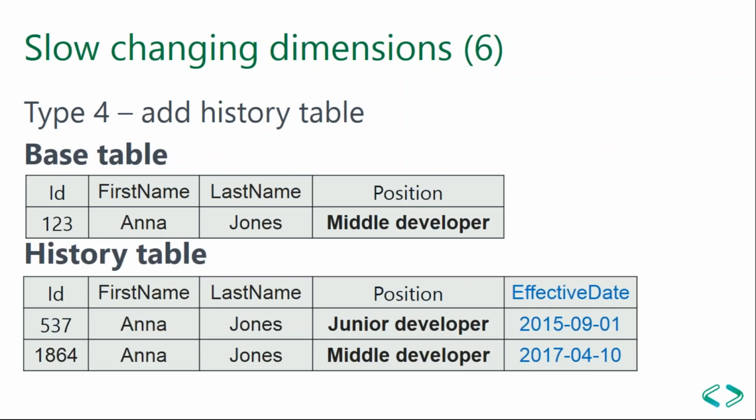Type 4. Sometimes it's the best solution to store the history. You have a base table where you store the current value. Okay, Anna is a middle developer. And you have a history table where you have all history, including the current value.